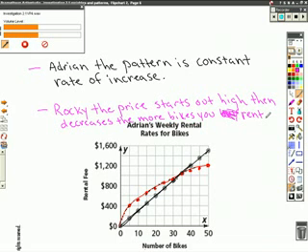All right. So that's pretty much what we got. And that covers part D, 1 and 2.